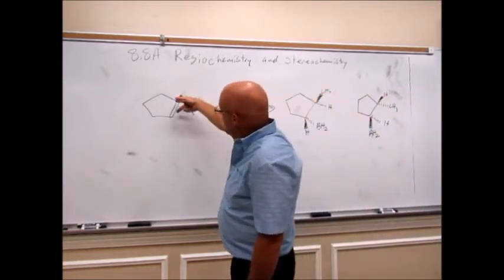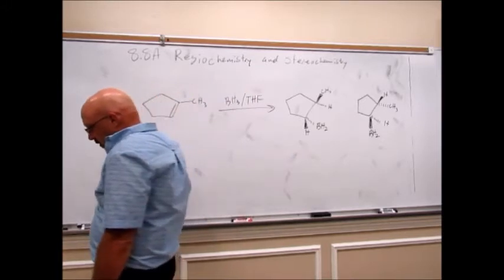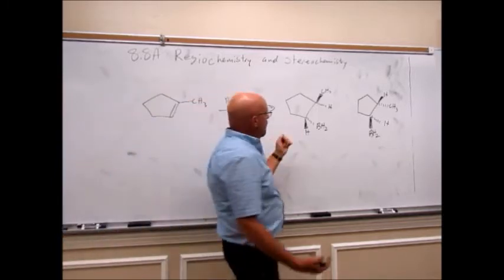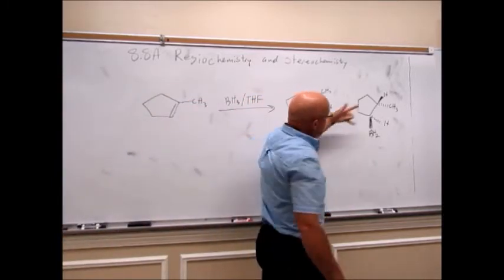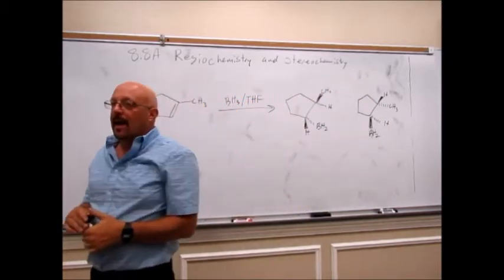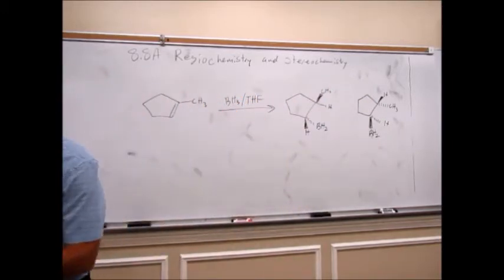When you're adding the BH3 boron to the double bond, the first one I'm drawing here is if it's added from underneath, and the second one I drew is where it added from the top. Which one do we get? Both of them. Why?